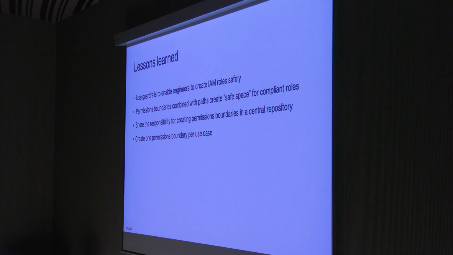Permissions boundaries combined with paths will create a safe space for compliant roles. We should share the responsibility for creating permissions boundaries in a central team, because security is a shared responsibility, so we should treat it so. And we should create one permissions boundary per use case.